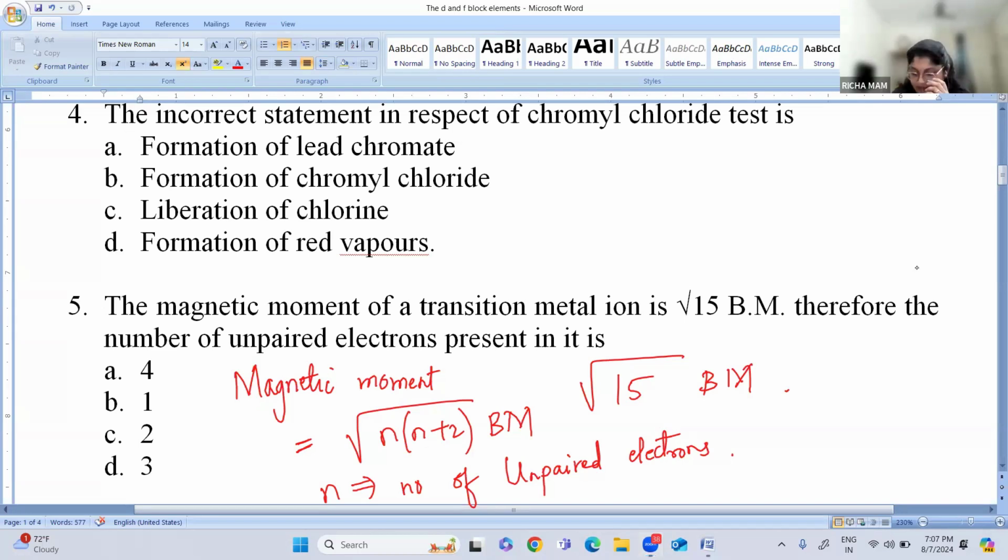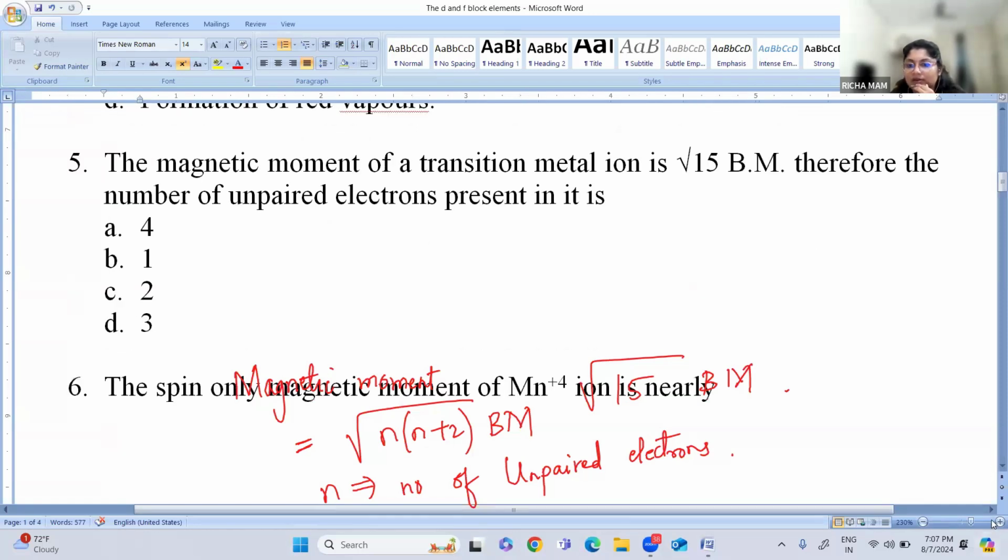Okay, I'll tell you stepwise. First thing, remember the formula. The formula to calculate the magnetic moment is square root of n into n plus 2 Bohr magneton. The unit is very important, Bohr magneton. What is n here? n is the number of unpaired electrons. Let me zoom this again.